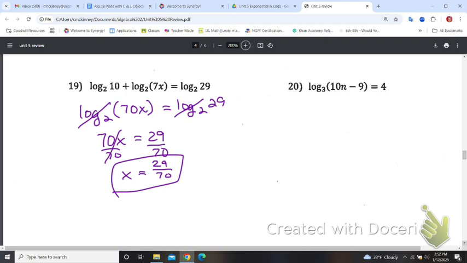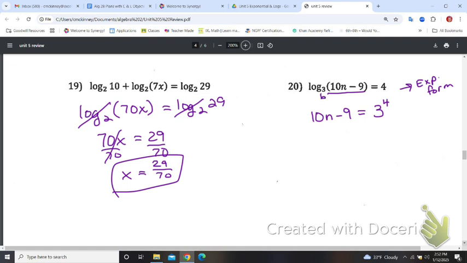Now, number 20, there is not a log on both sides. So when that happens, we need to change to exponential form. So my base, so here's my y, right? And that is equal to my base raised to the exponent, right?